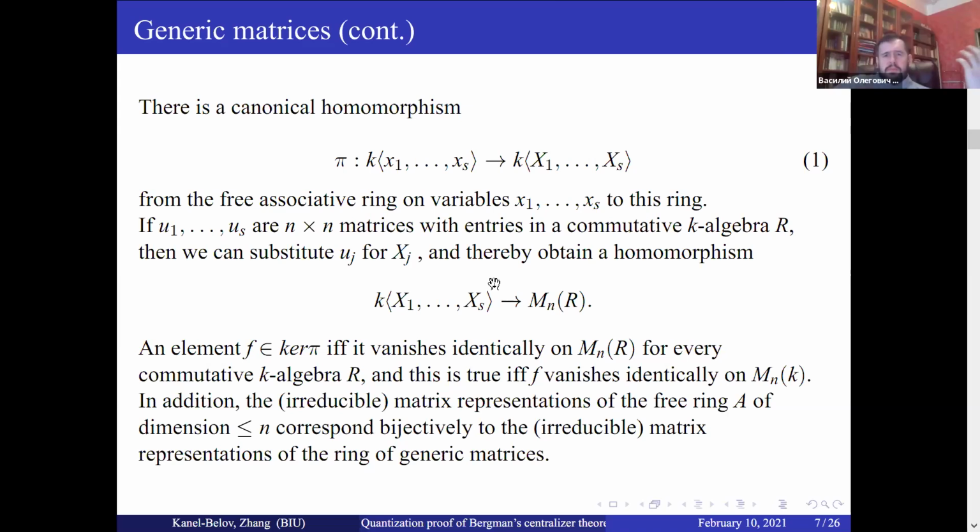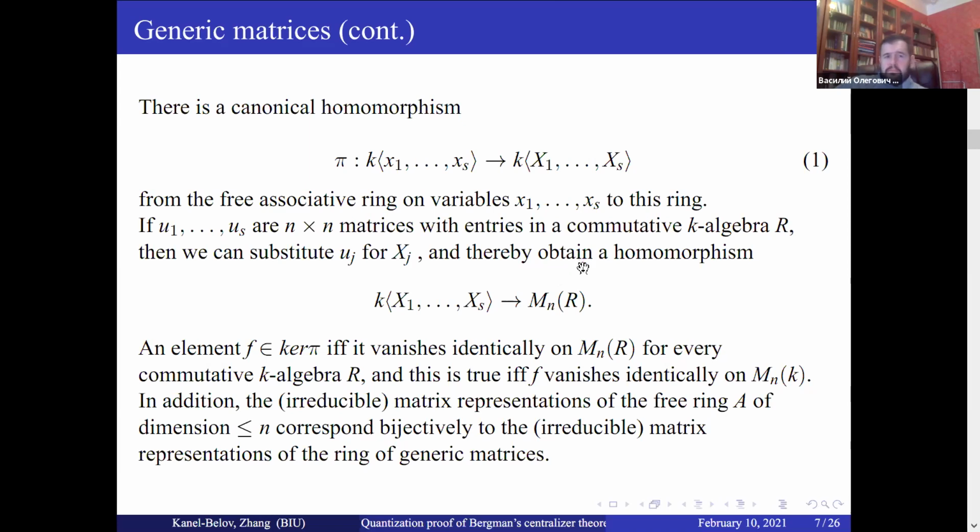But what do you mean by corresponding? You say canonical, and canonical means something quite concrete. It means that in the category of algebras with a fixed set of generators.